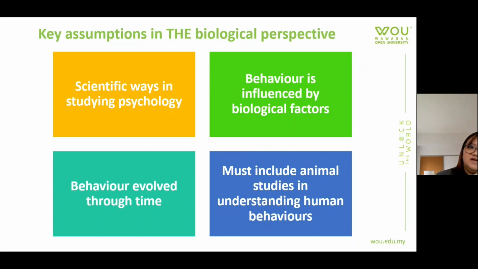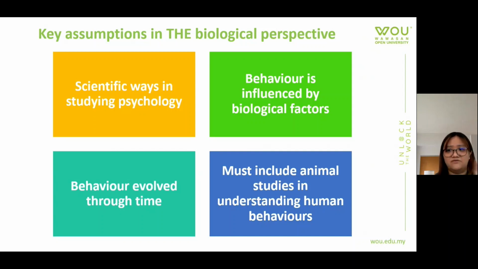So for the very first key assumption, we can observe that all the scientists, all the biopsychologists, have adopted scientific ways in studying psychology. Scientific ways means they use systematic observation.